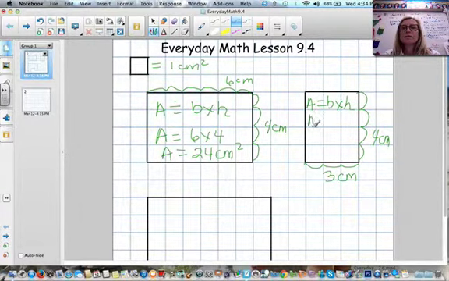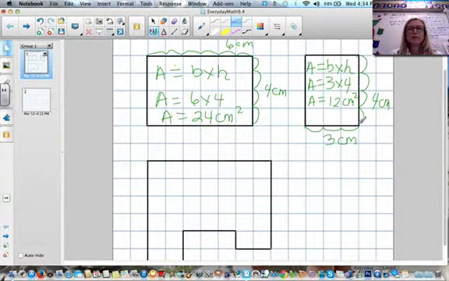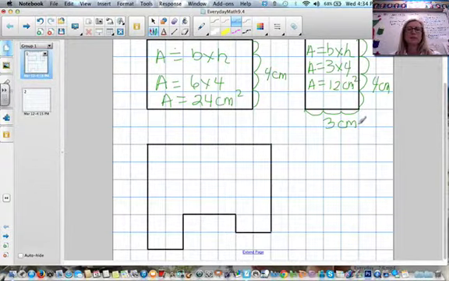If we plug those numbers in, area equals base times height, or 3 times 4, area equals 12 square centimeters.